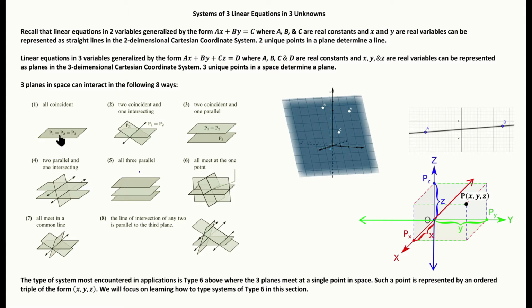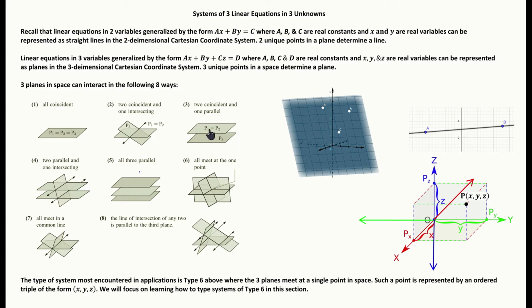Like, for example, in this first case, you can see the 3 planes coincide. In this one, you can see 2 of them coincide and the other one is intersecting it. Here, such a system describing this graph would have infinitely many points, namely the points on that intersecting line.